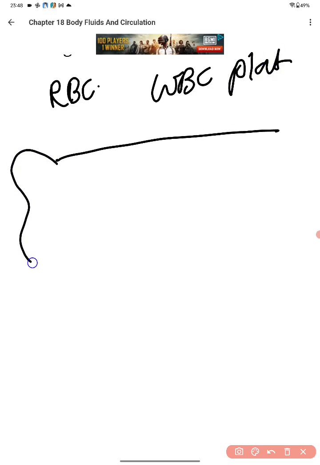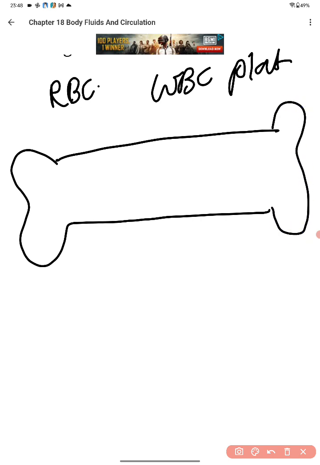Now what is this maturation? Let's talk. As I have said, the RBC are produced in the bone marrow. Similarly WBC also; all the blood cells, RBC, WBC, platelets, all the formed elements are produced in the bone marrow.